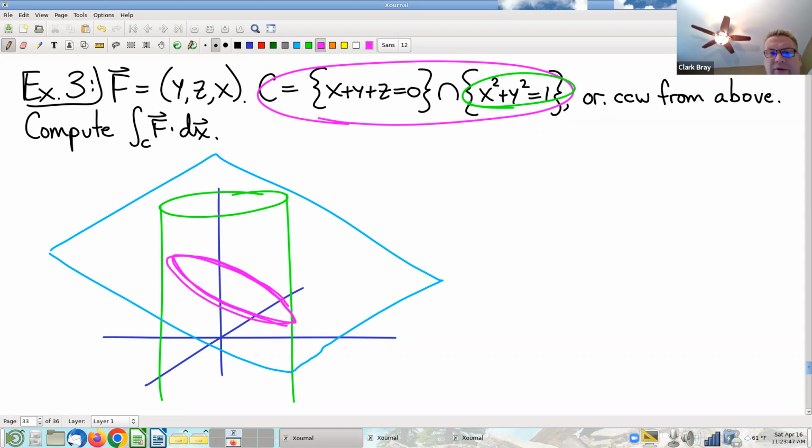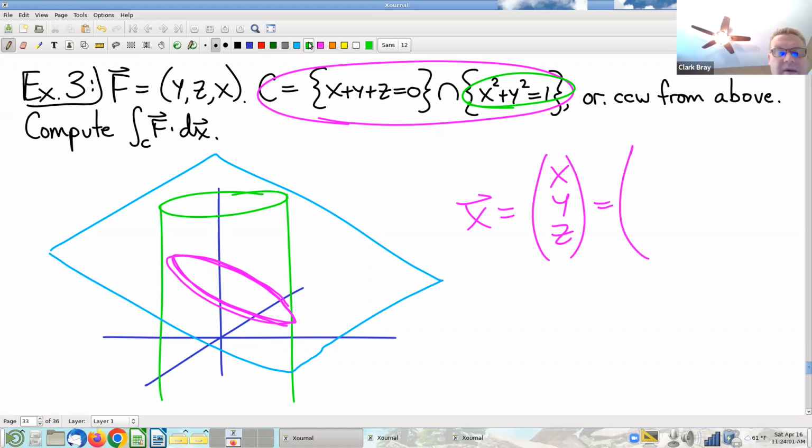And this isn't hard to parameterize. As it turns out, I can write down pretty easily my parameterization, namely x, y, z, using the following tricks. The x and y coordinates come straight out of that cylinder. x squared plus y squared is 1, which is an old friend, right? So I can parameterize the x and y coordinates by just saying cosine t, sine t.